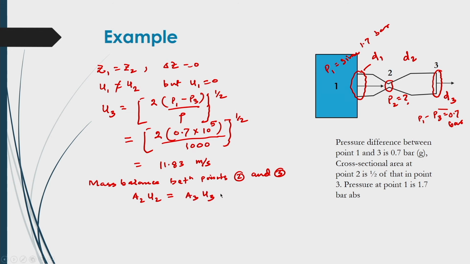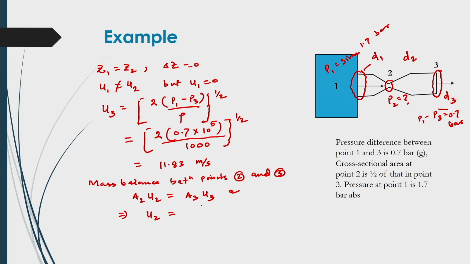A2 is the cross sectional area, U2 is the velocity at point 2. A2 into U2 gives the volumetric flow rate at point 2, and A3 into U3 gives the volumetric flow rate at point 3. Since these volumetric flow rates are constant, we can write this equation.